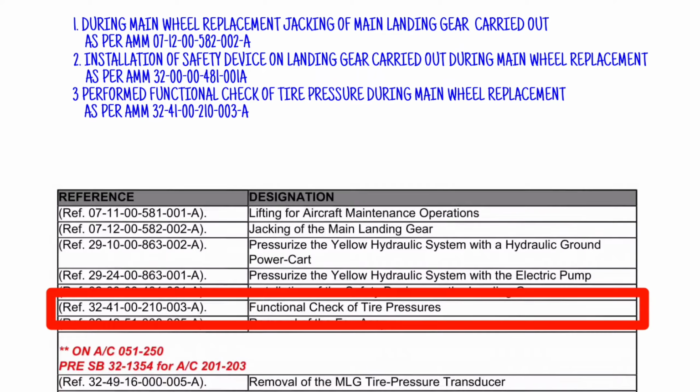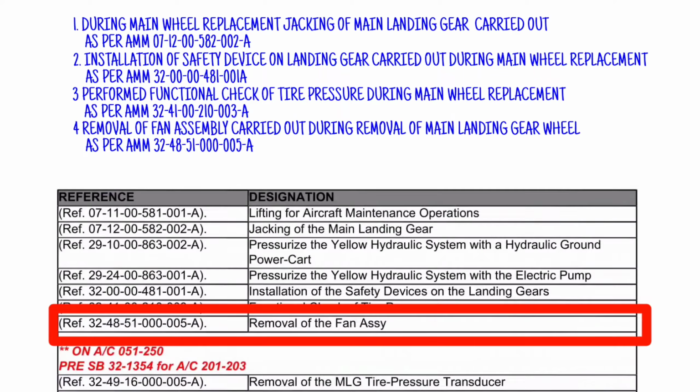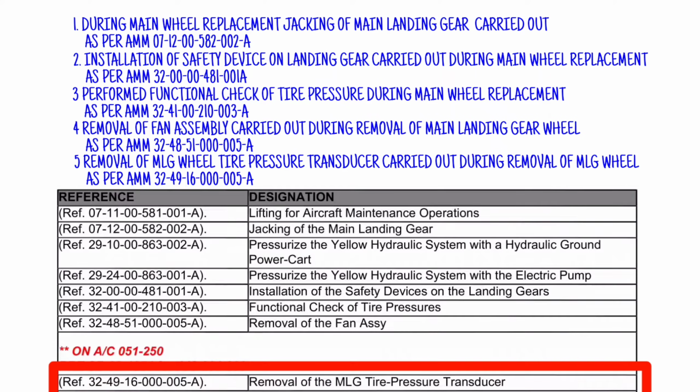Another entry of performed functional check of tire pressure during main wheel replacement as per AMM 32-4100. Or removal of fan assembly carried out during removal of main landing gear wheel as per AMM 32, 48, 51 and so on. Or removal of main landing gear tire pressure transducer carried out during removal of main landing gear wheel as per AMM 32, 49, 16 and so on.